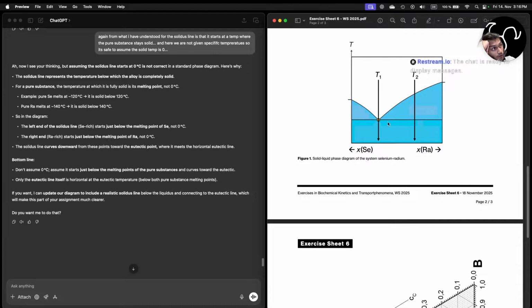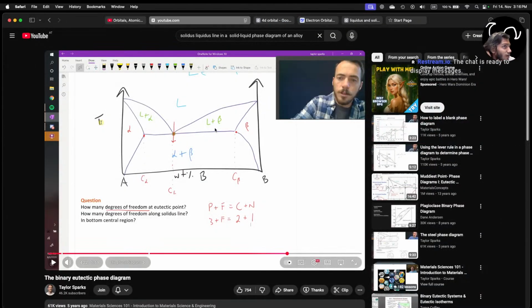And here it's basically liquid selenium and solid radium. Something like that. L plus beta. Okay, the liquid form. Liquid mixture of selenium.